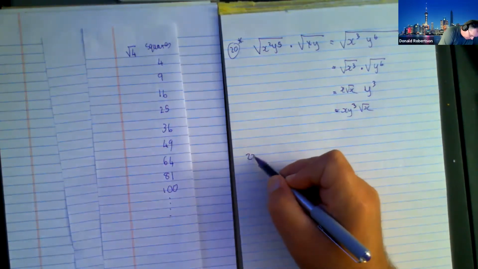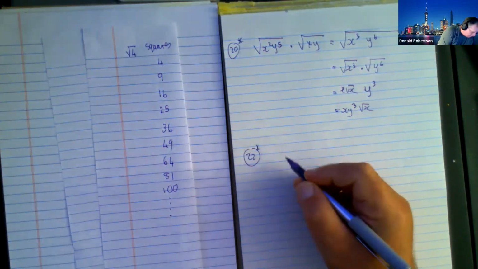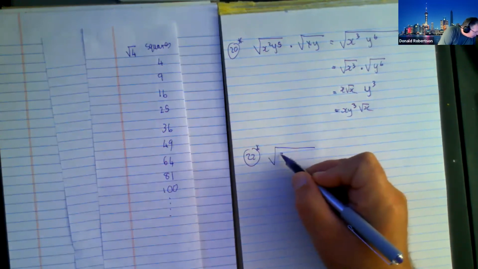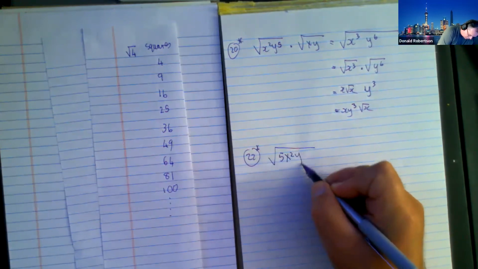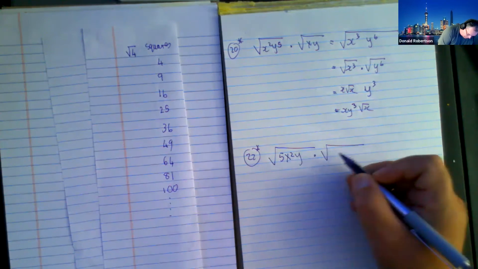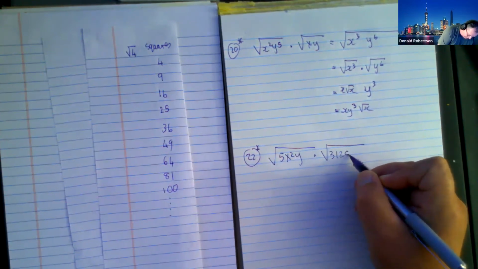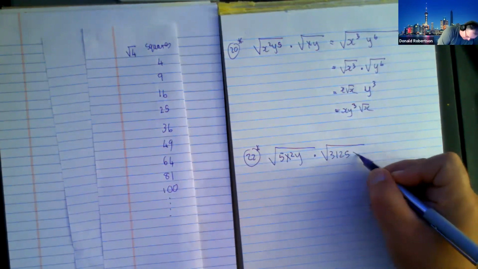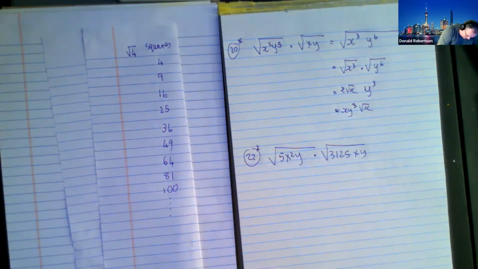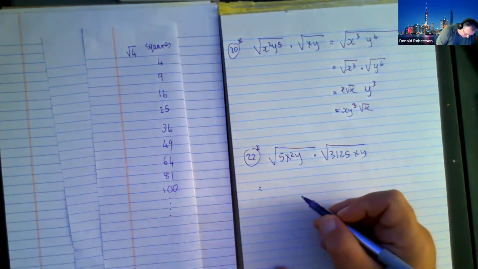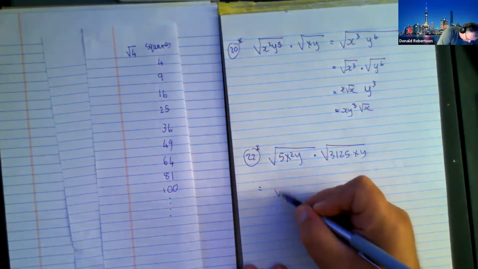We move on to something like, say, question 22. We have the square root of 5x squared y times the square root of 3125xy. What a ridiculous question. But it doesn't really matter how ugly it is. As long as you stick to the rules, you're fine.